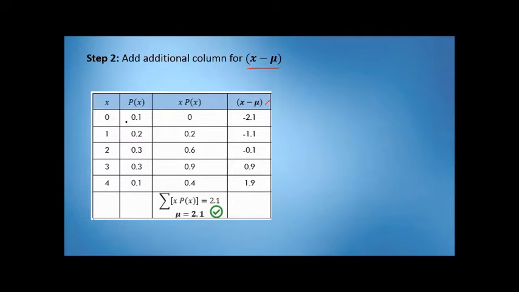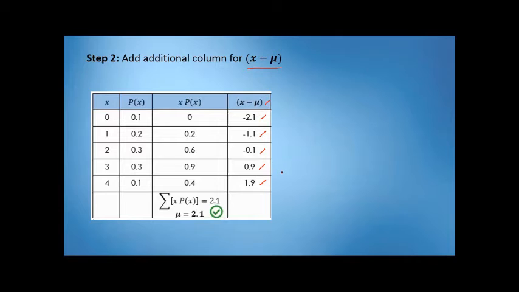Per row, 0 minus 2.1 is negative 2.1. 1 minus 2.1 is negative 1.1. 2 minus 2.1 is negative 0.1. 3 minus 2.1 is positive 0.9 because 3 is greater than 2.1. Then 4 minus 2.1 is positive 1.9 because 4 is higher than 2.1.